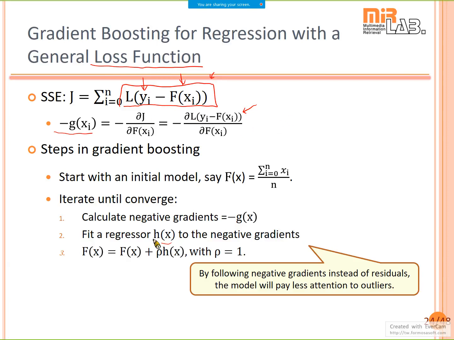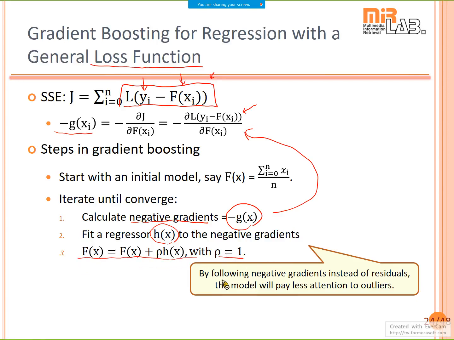So we use h of x to fit the negative gradient, which is represented by minus g of x in a general format like this. All the other steps remain the same.